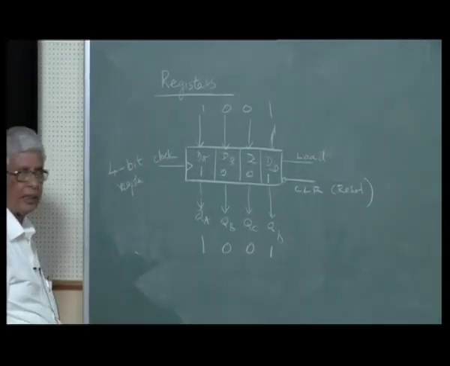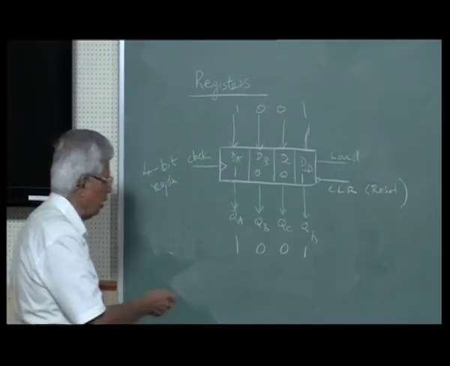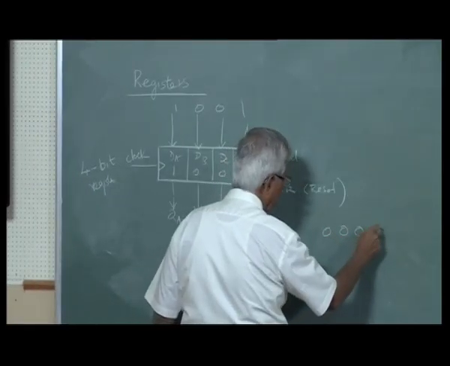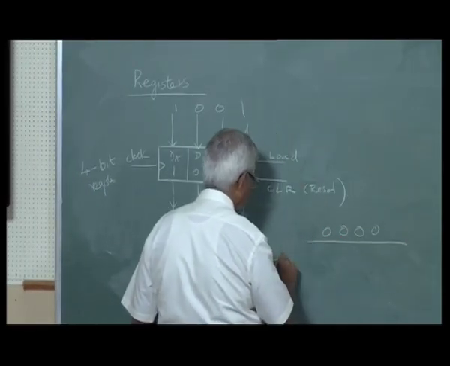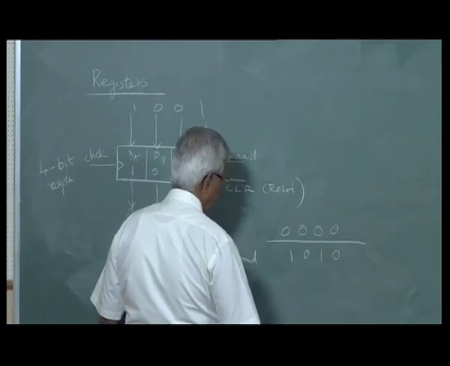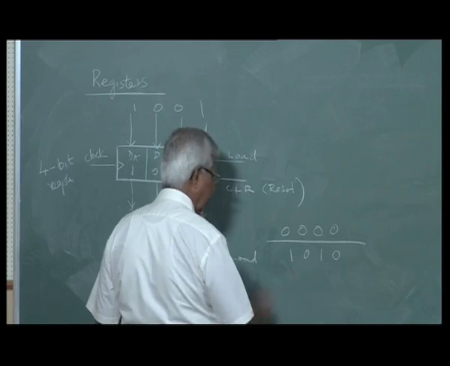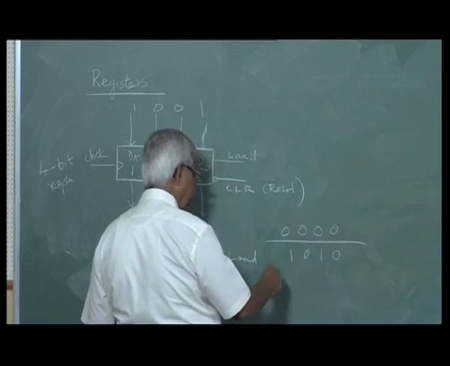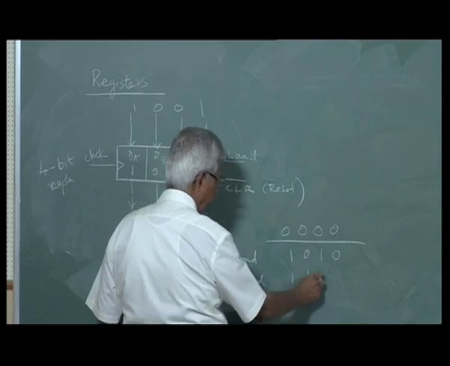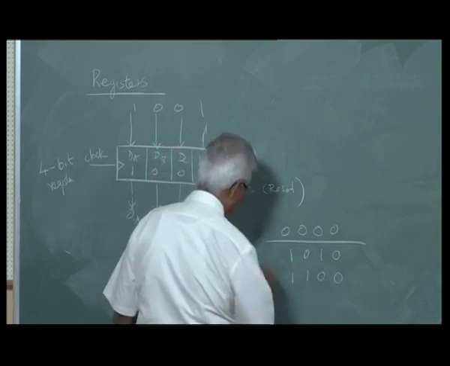When you clear or reset it, the flip-flops will assume the value 0, 0, 0, 0. Then I can load it with a new value. I can keep it, or if I want to put a new value, I can load it with another value. Any value I can load.